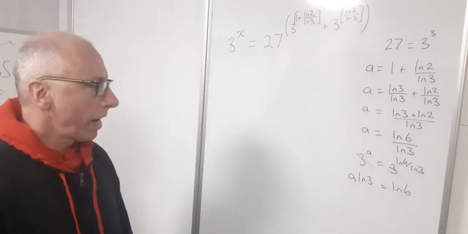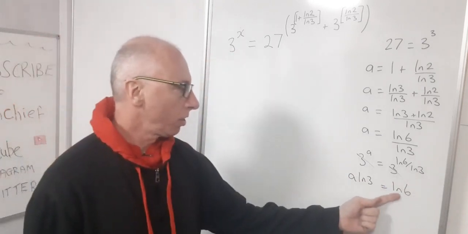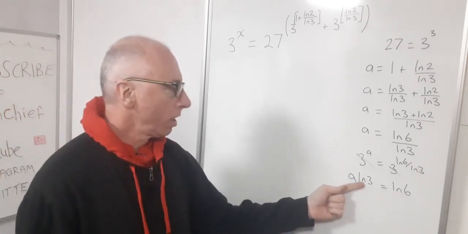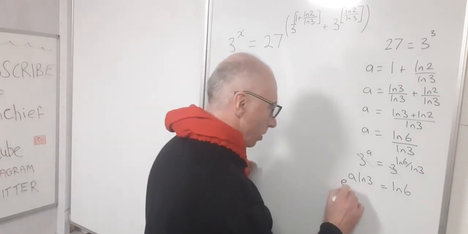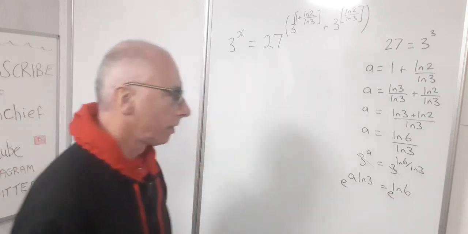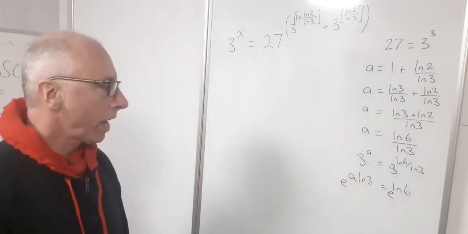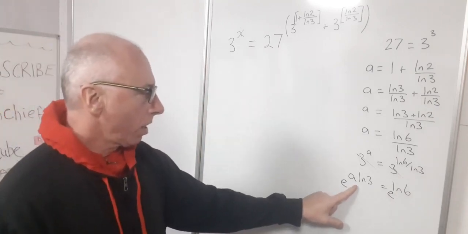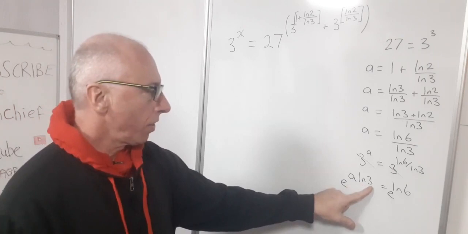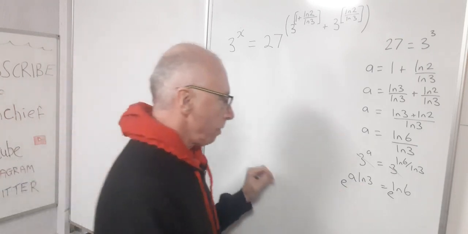Okay, well now I could apply the inverse function rule. So the inverse of log is exponential. So let's just do that. And then I can extract my a out of that, hopefully. Right, so e to the a log of 3, that's just going to give me 3.